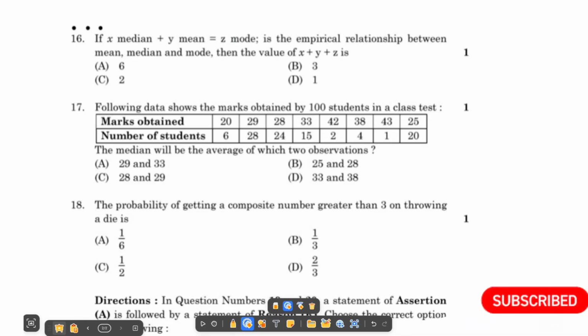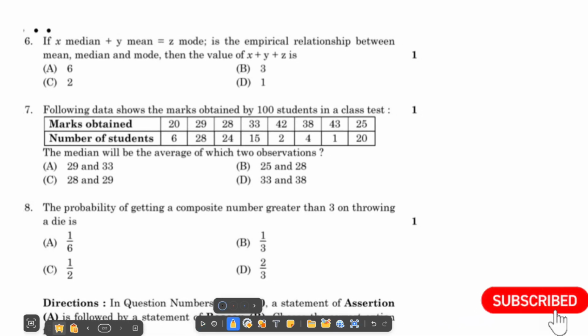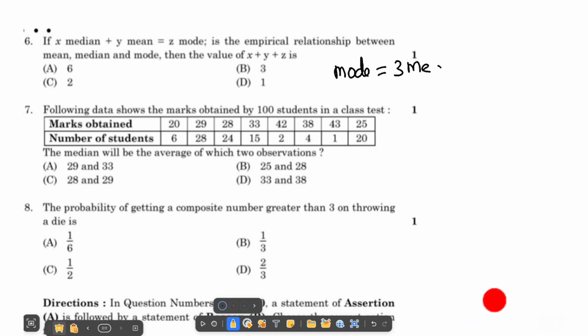We know the relationship between these three things, mean, median, mode. What is the formula? We know that mode equals 3 median minus 2 mean.